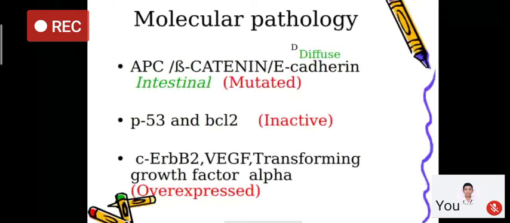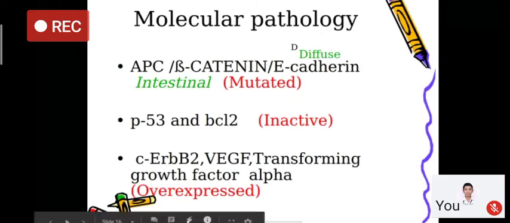And if tumor suppressor genes are inactive, then the tumor is going to be more aggressive. So P53, you should remember it for all malignancies. Whatever you write, if P53 gene is inactive, P53 is a tumor suppressor gene. If it is not working, that means tumor suppression will not be there, and that patient is going to develop maybe multiple malignancies. Same is true for BCL2 also.